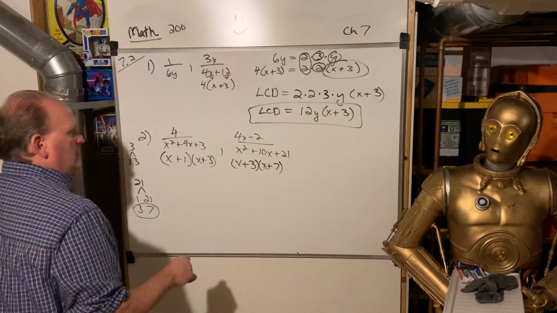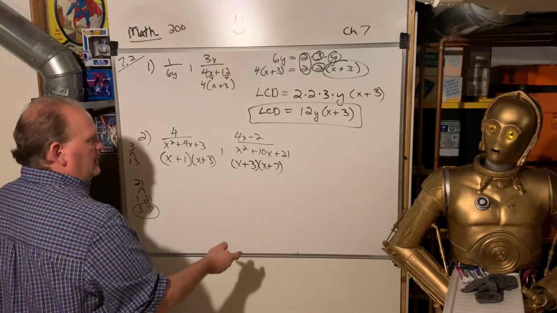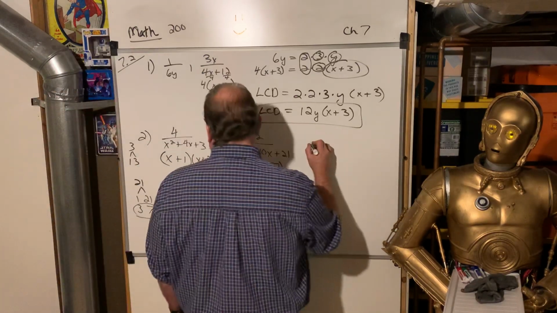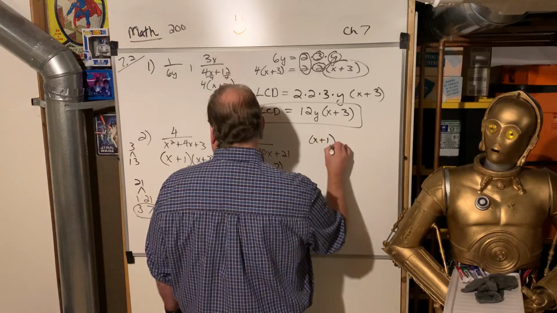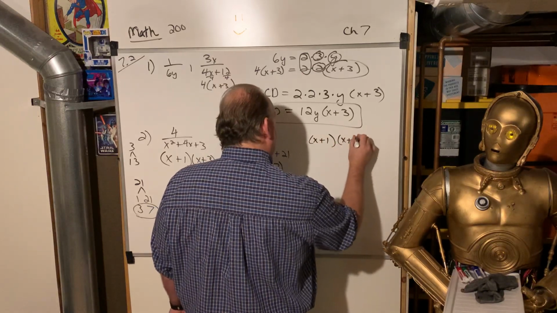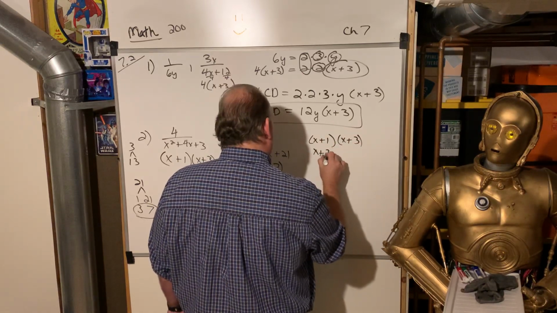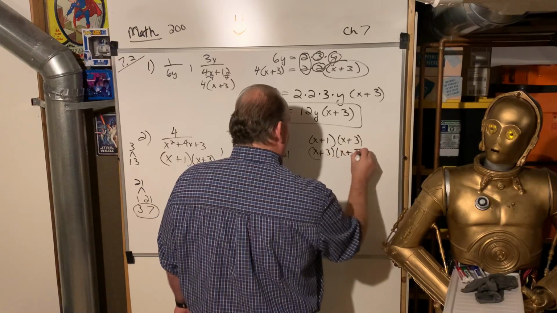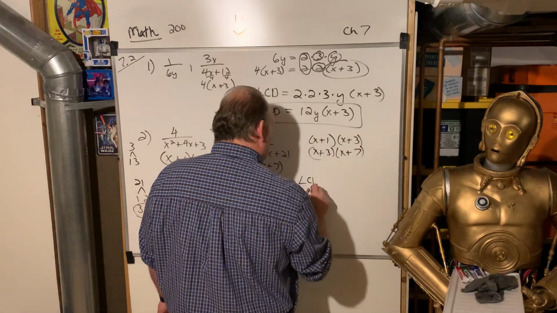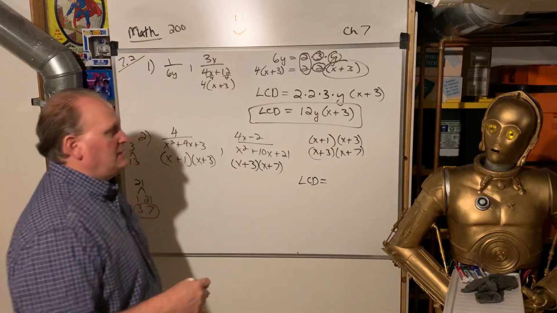All right, so we have those factored. So now let's write them as factored numbers here: x plus 3 and x plus 3, x plus 7, and we'll find the LCD. So what do they have in common?